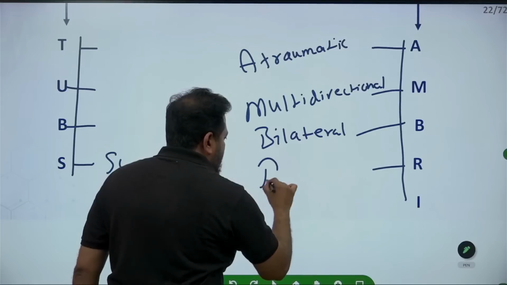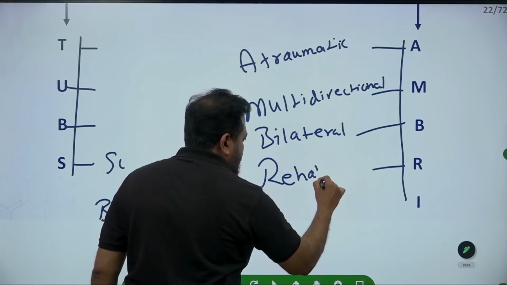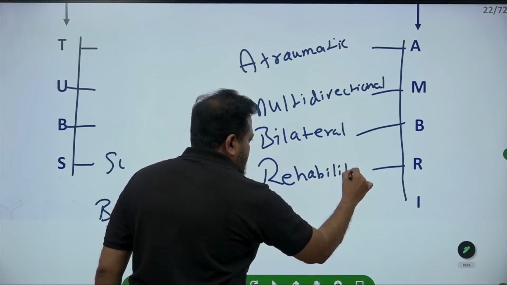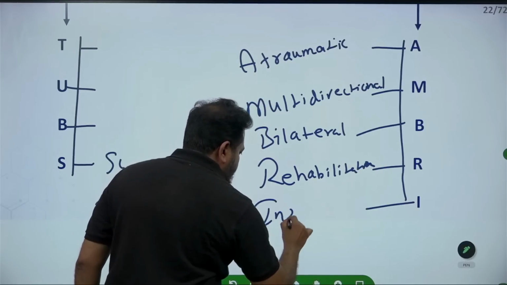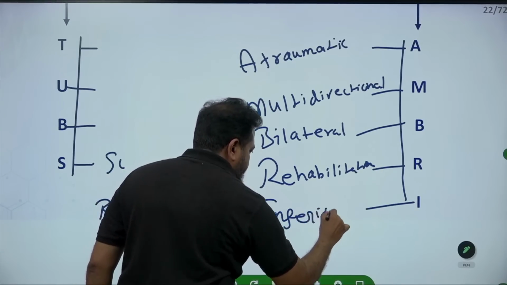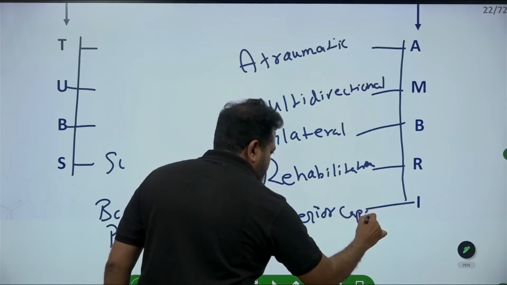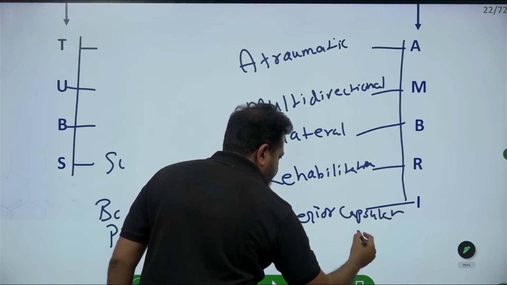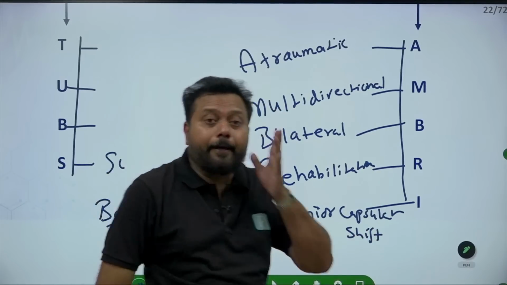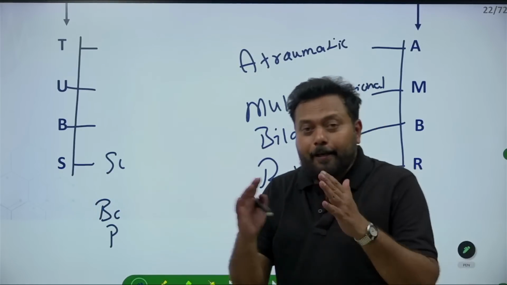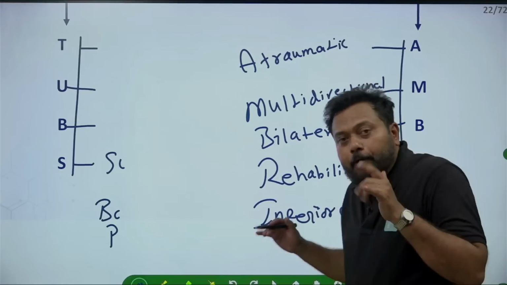R stands for rehabilitation. I stands for inferior capsular shift. This is given in 6 pages when you read Campbell. No, we have made it so simple for you.